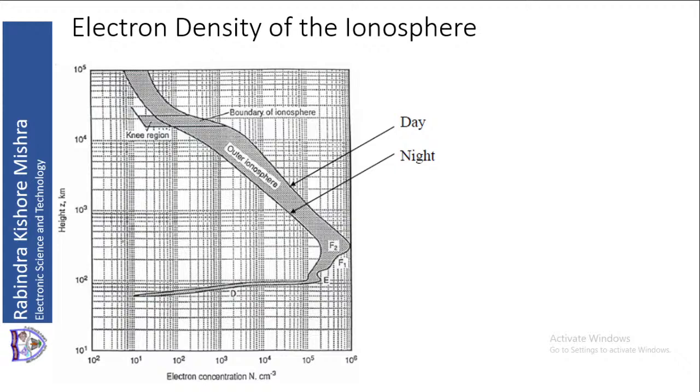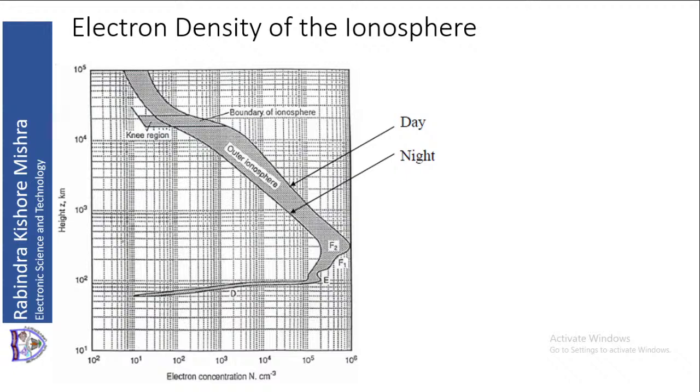So the height from the Earth or the distance of the ionosphere from the Earth in kilometers is given here. Now in this you can see there are two clear boundaries. One boundary is for day, one boundary is for night.